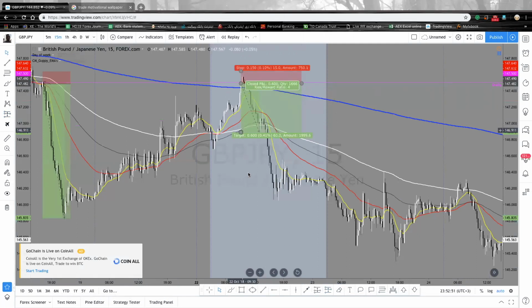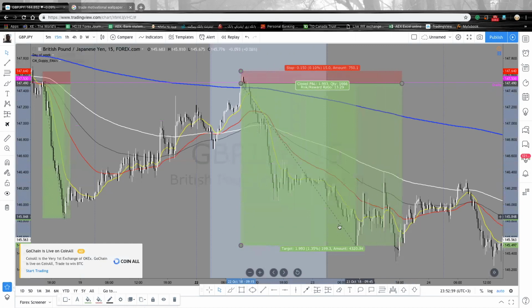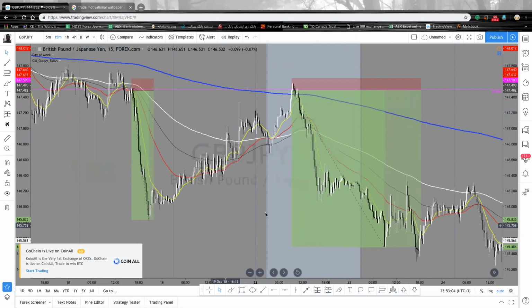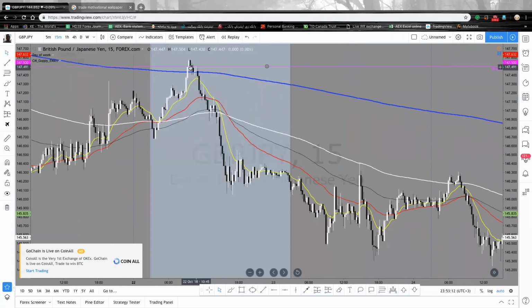For how many pips? 141 in the first day. And if I could keep them a little more, 200, which I'm going to be out here, by the way. But now you see that I can actually use the daily as an EMA.